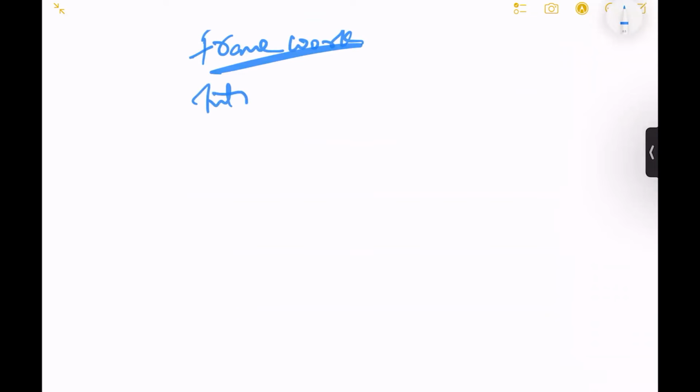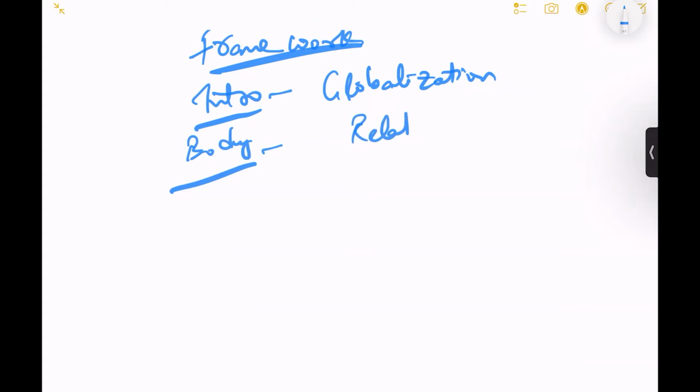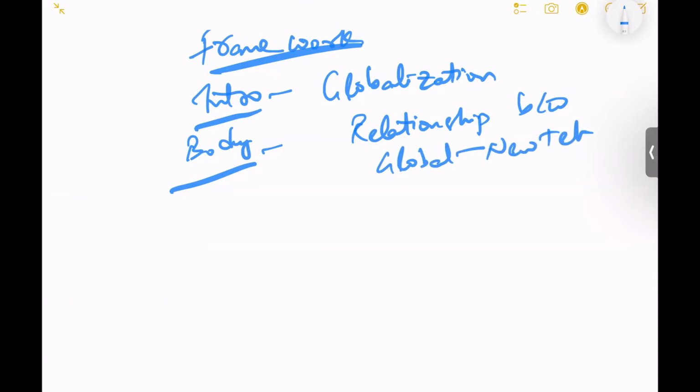In the introduction, you will introduce what is globalization, and in the body you will define what is the relationship between globalization and the new technology. Finally, conclude. Okay, and how the new technology has impacted.